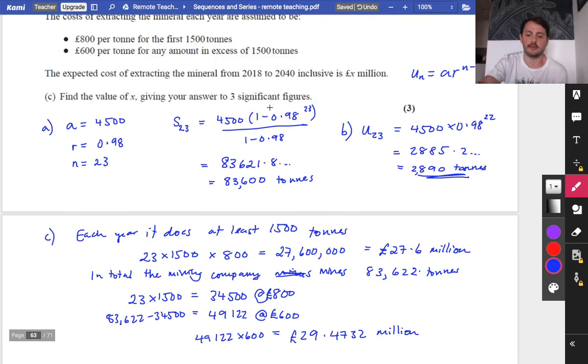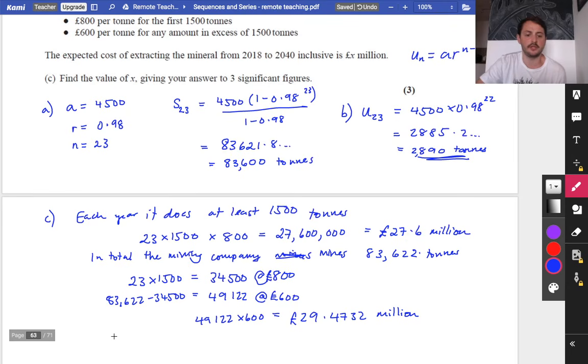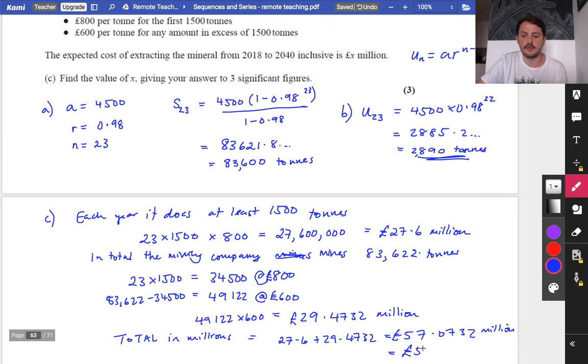So the value of X together here, I'm going to find the total cost in millions, is going to be 27.6 plus 29.4732, and that gives me 57.0732 million, but it wants that to three significant figures, so it is just going to be 57.1 million.